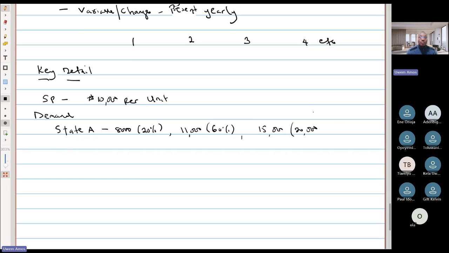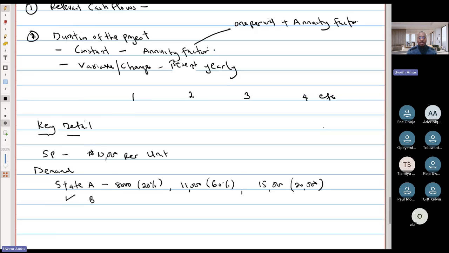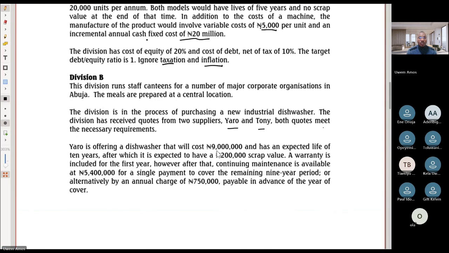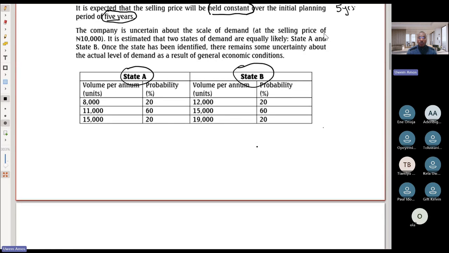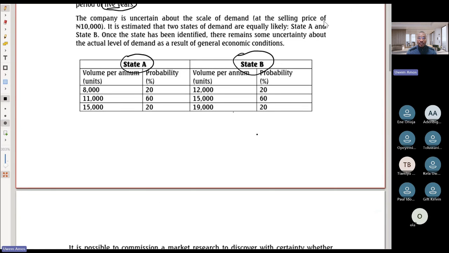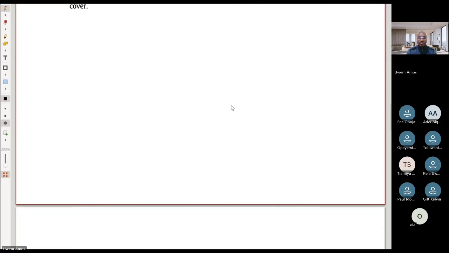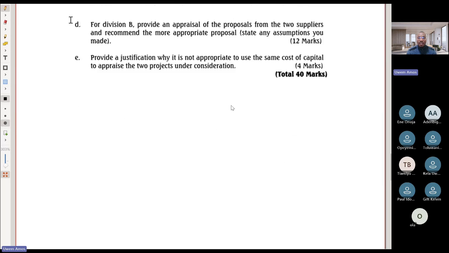The second thing that could happen to us is instead of state A happening, state B could happen. And if state B happens, based on our question, we would have a demand of 12, a demand of 15, and a demand of 19. The probability is the same, 20, 60, 20. So we have a demand of 12, 15, and 19.